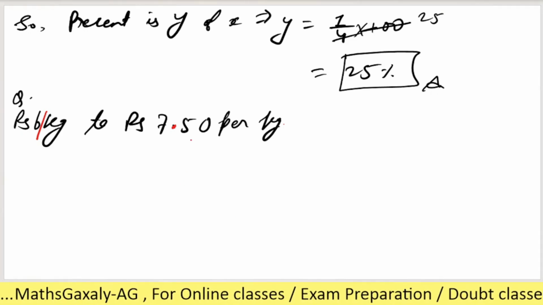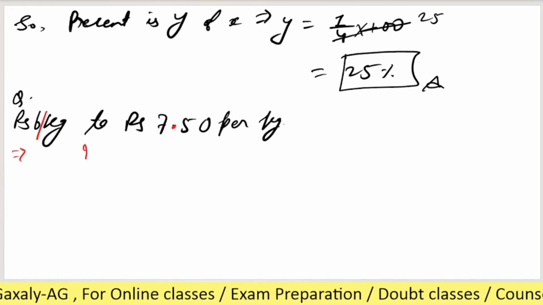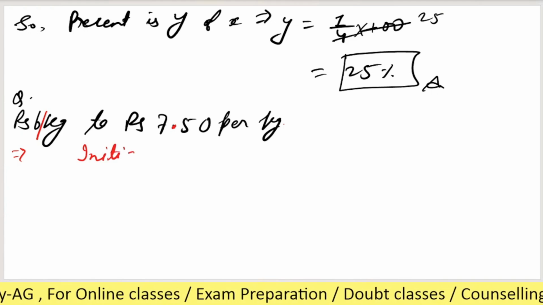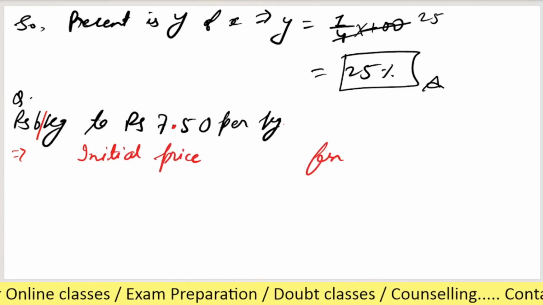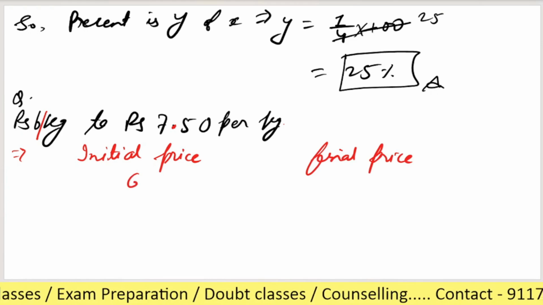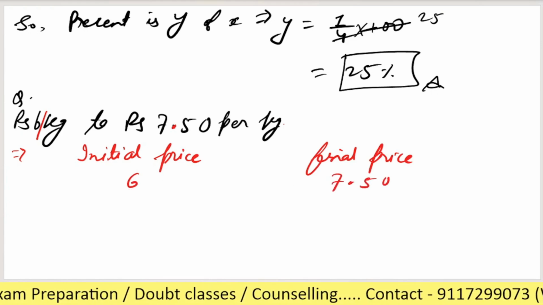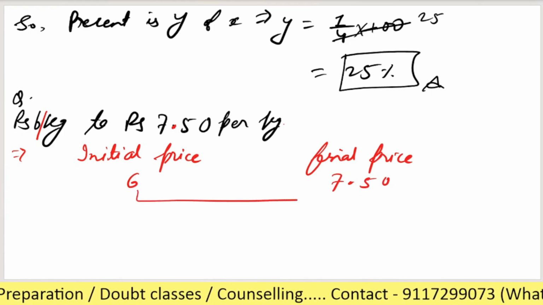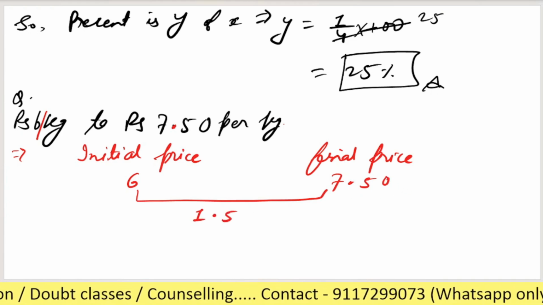Let's see how we will do it. Initial price, and final price. Here the initial price was 6, the final price became 7.50. It is an increment of 1.5, right?